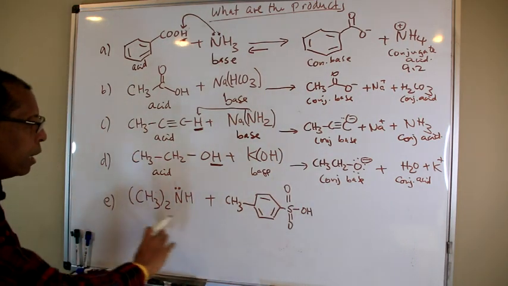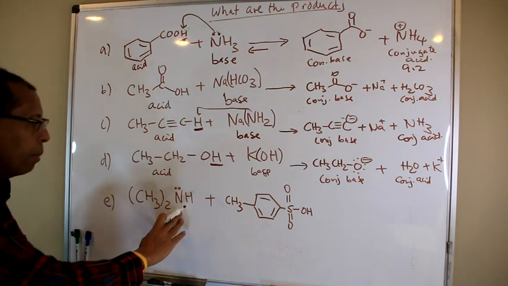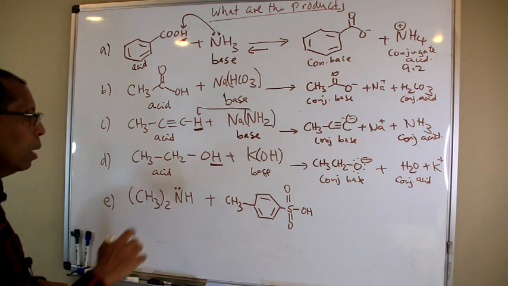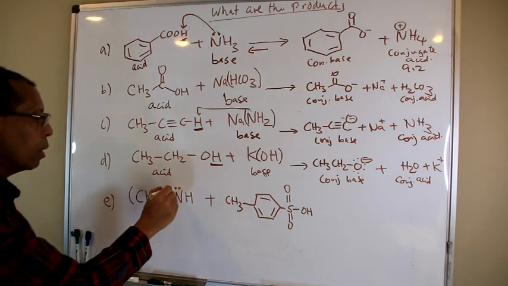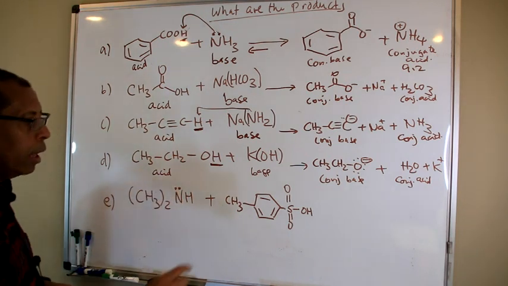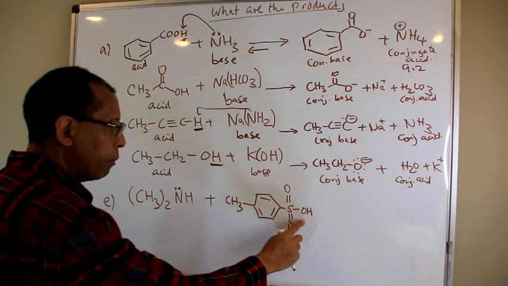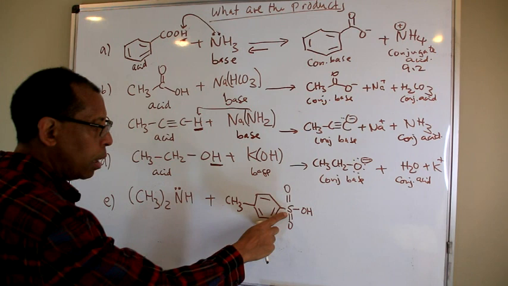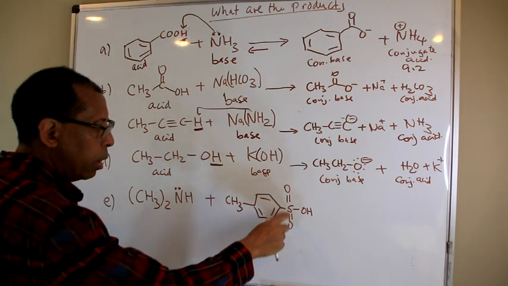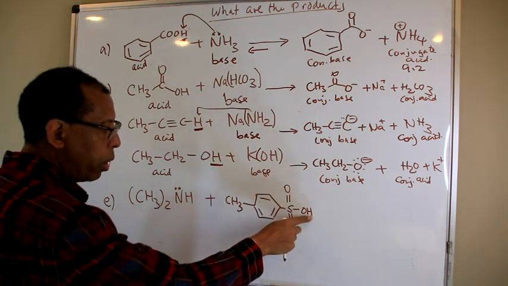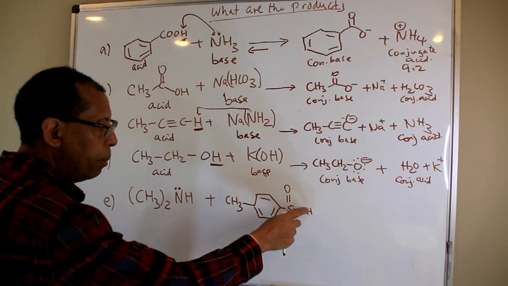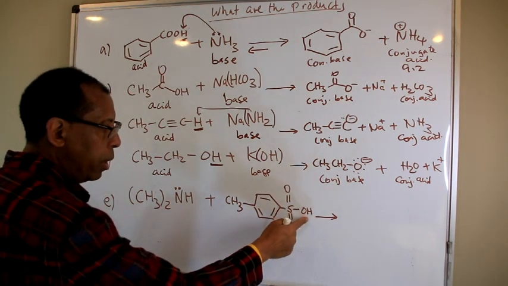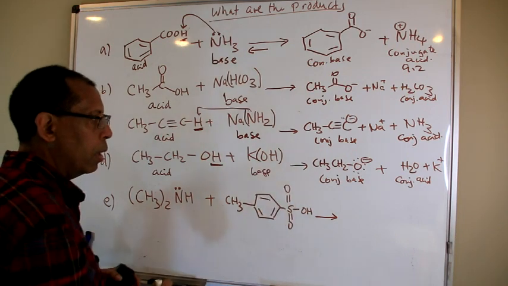We have a nitrogen-based amine, and amines are always basic because you have a lone pair of electrons on the nitrogen, and you have sulfonic acid. I want to remind you specifically, because it is attached to a sulfonate group, this OH is very acidic because the resulting conjugate base can be resonance stabilized.